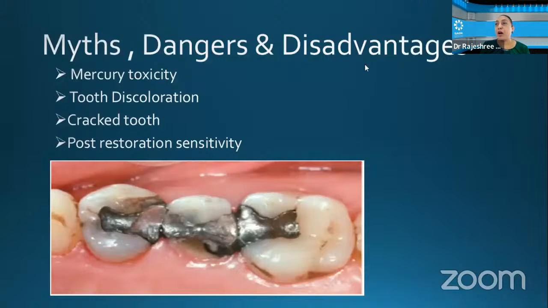Post Minamata, it was decided that there will be a phase down approach with the use of mercury in dentistry, in dental amalgams. So all countries were asked to phase down, drop the number of amalgam restorations done, and slowly lead to phasing out dental amalgam for the reason that it affected our environment.